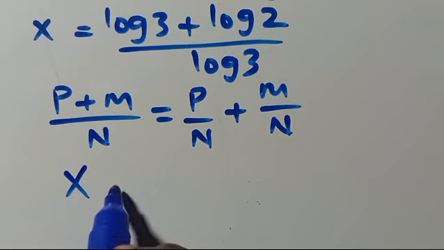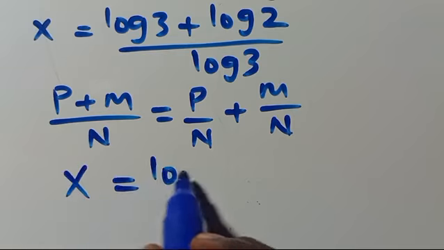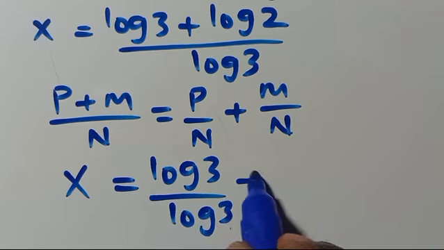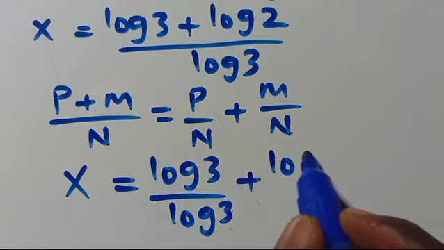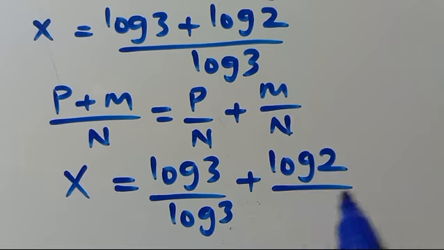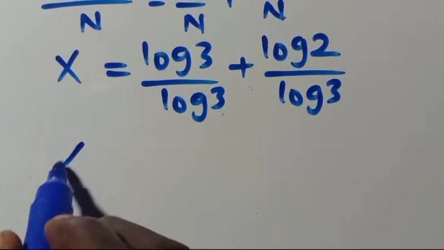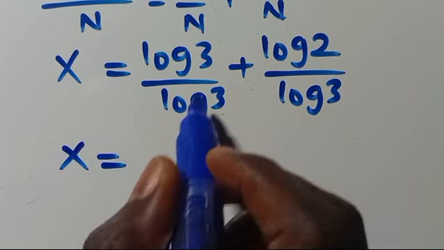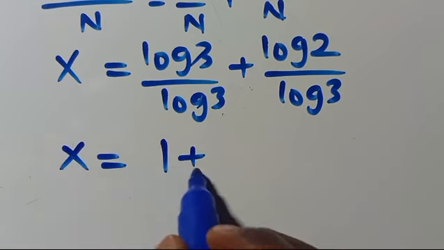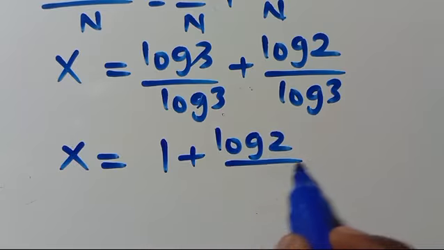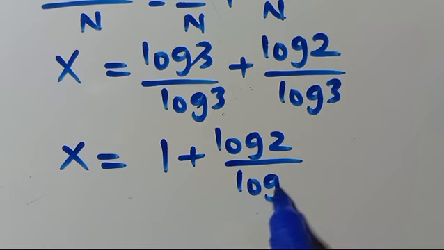So from here we have x equals log 3 over log 3 plus log 2 over log 3. So we have x, log 3 divided by log 3 will be 1 plus log 2 over log 3.